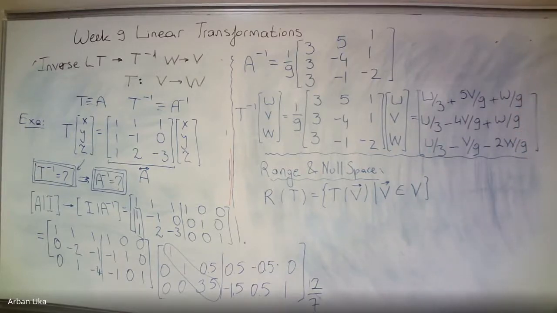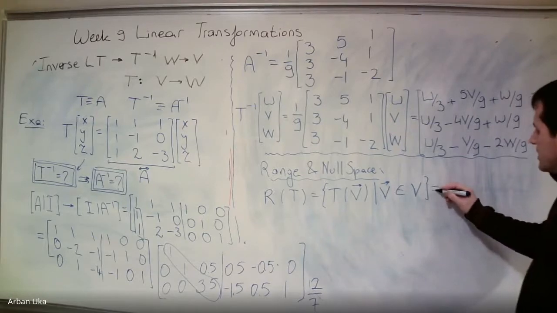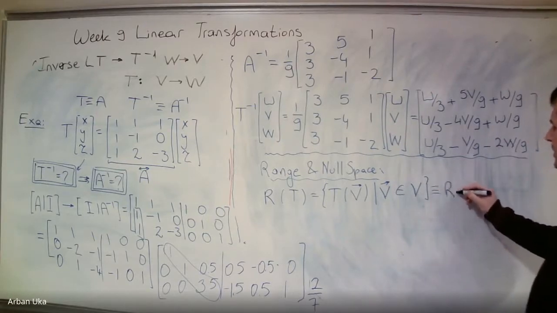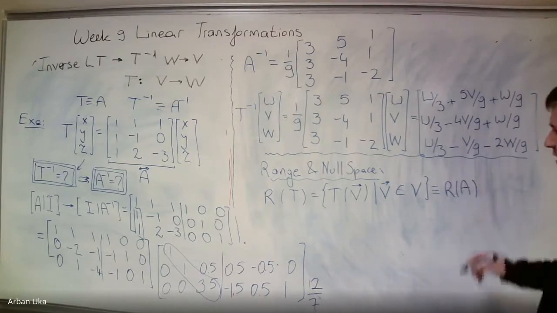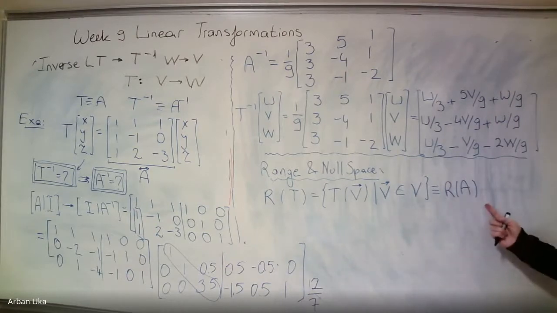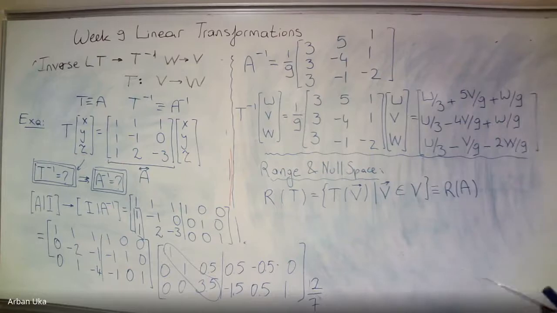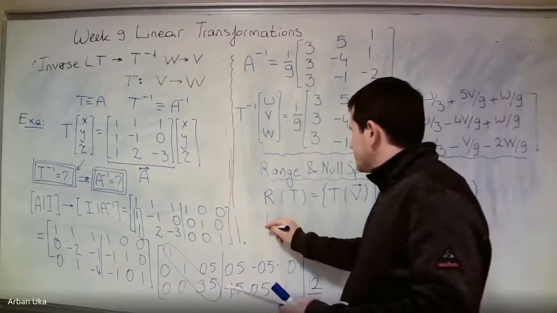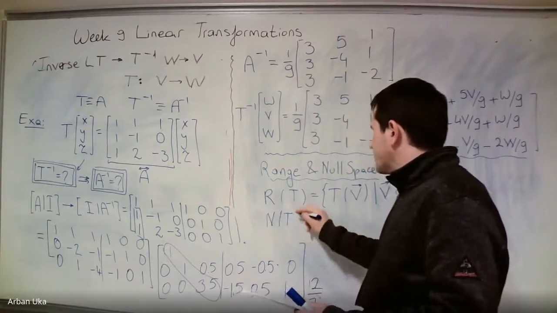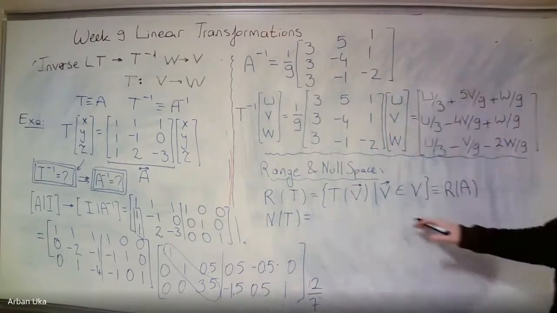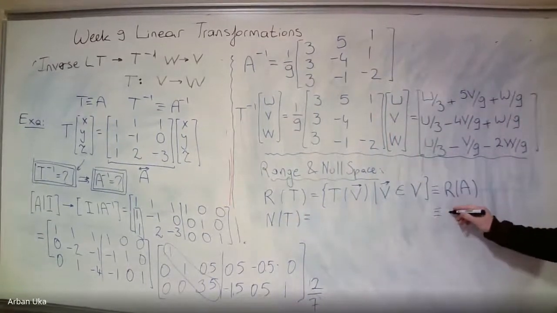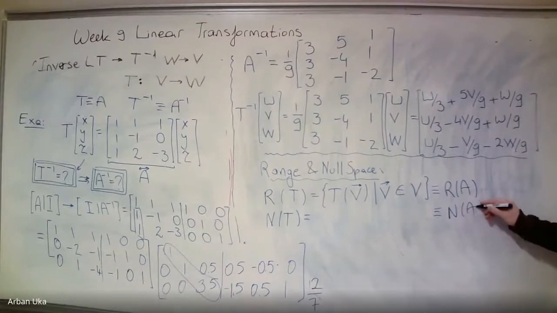And at the same time, we can say that this is equivalent with the range of a matrix A, assuming that matrix A is equivalent to the operation which is done by the T. Now, similarly, the null space of any linear transformation, N(T), is going to be equal to the null space of A at the same time, right?